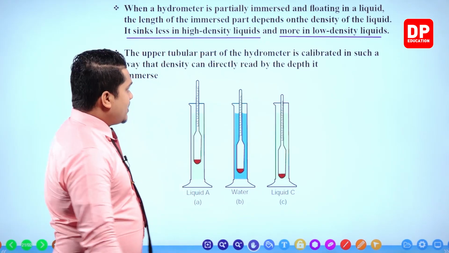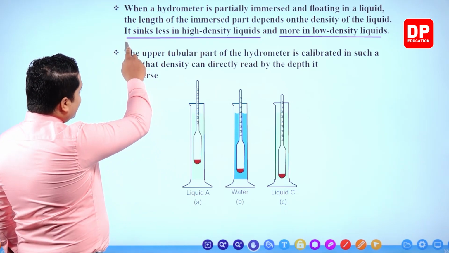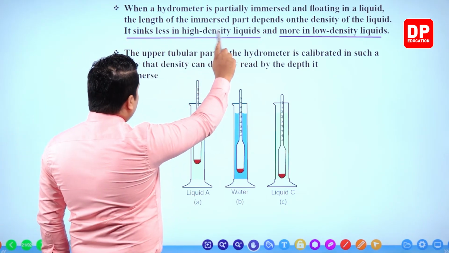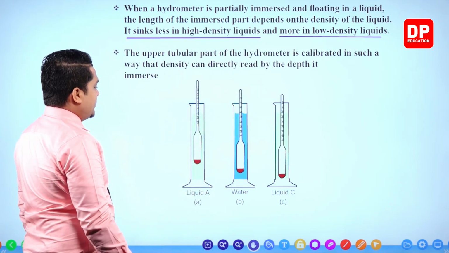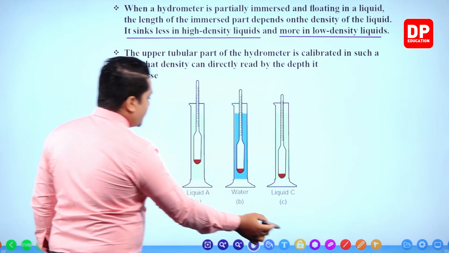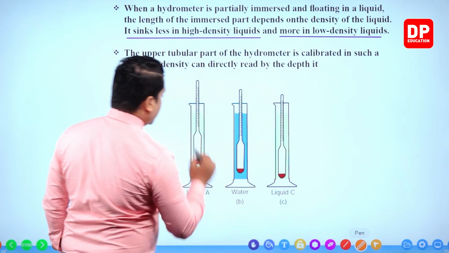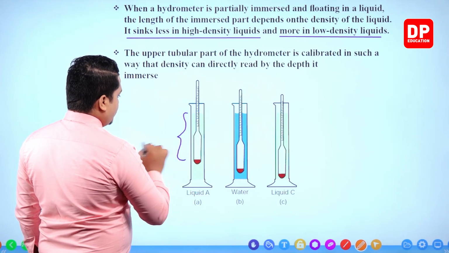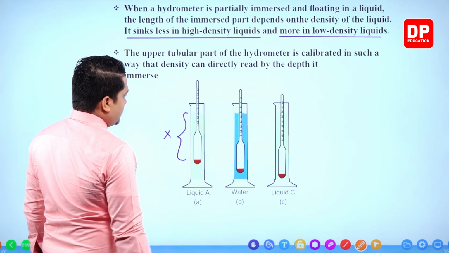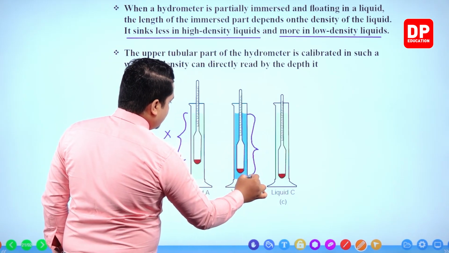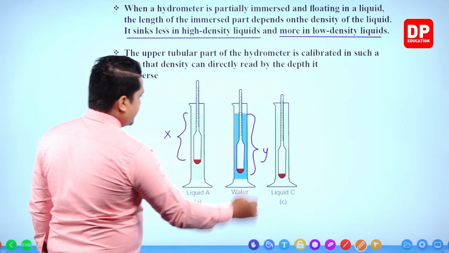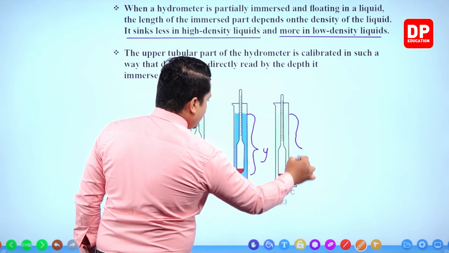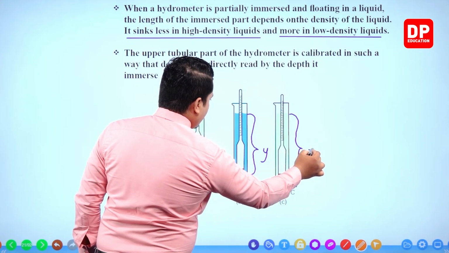So like I said, my dear children, can you remember it sinks less in high density liquid? This is the part which has sunk. This one. In here, this one. In here, this one.